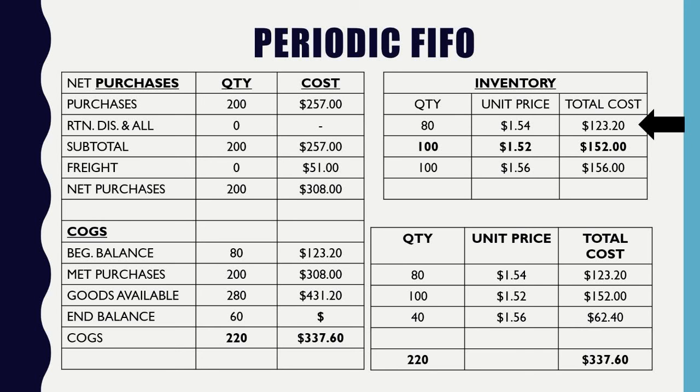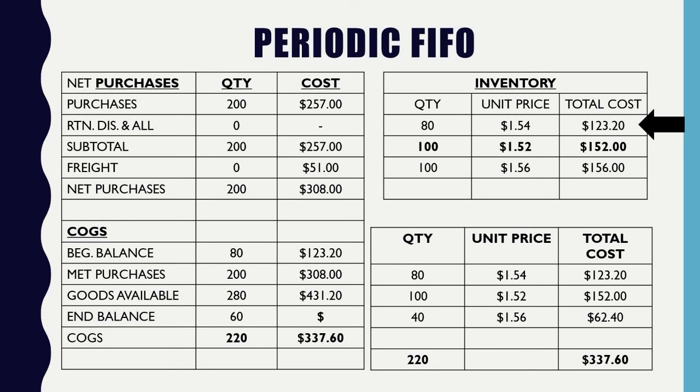Same thing with the cost side. If it cost me $223.20 and I just purchased an additional $308, I have a total goods available of $431.20. Okay?